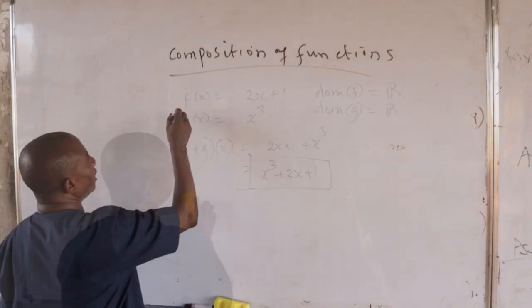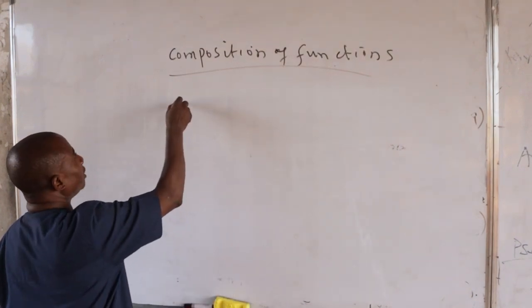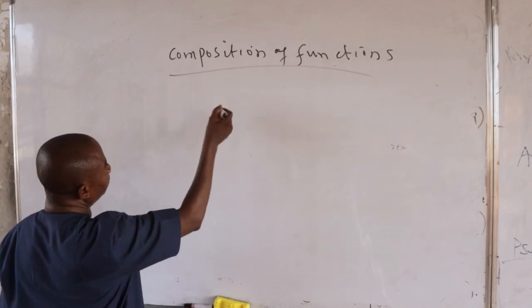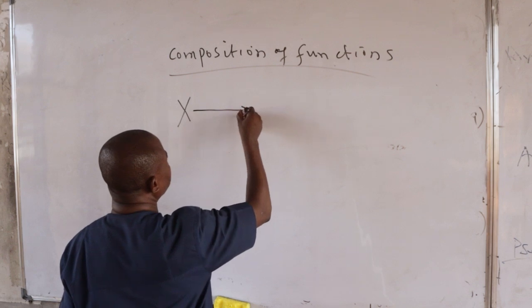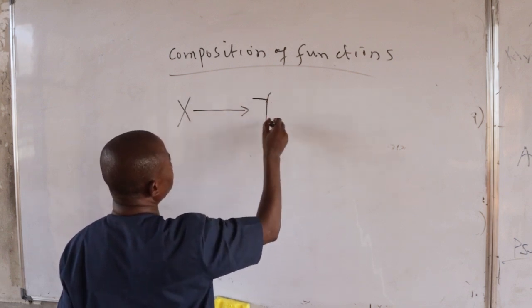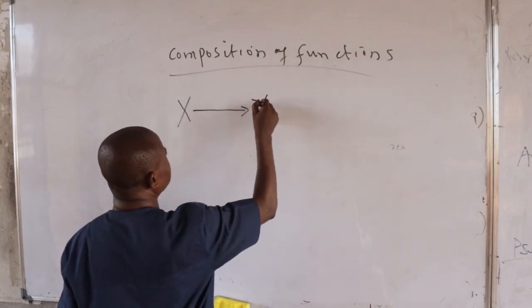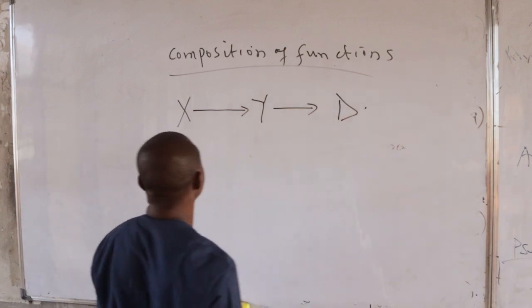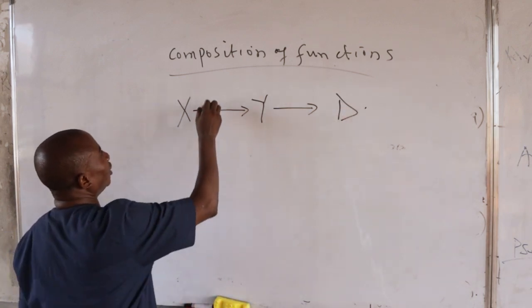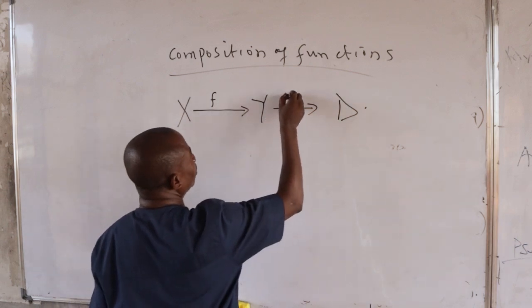First of all, let me give a diagrammatic picture of what we shall be dealing with when we worry about composition of functions. We have sets X, Y and D. We want f here, we want g here.